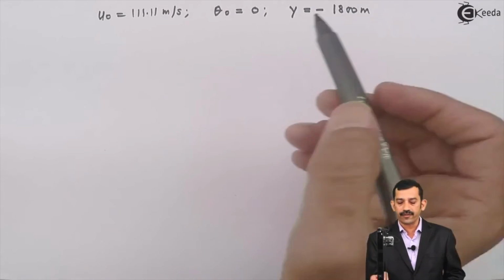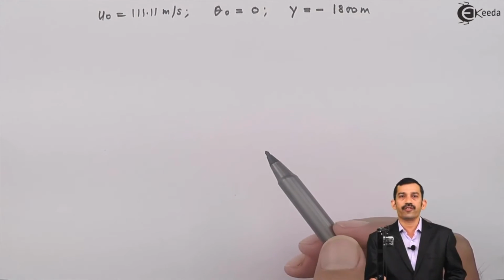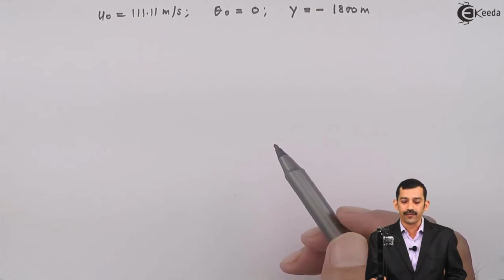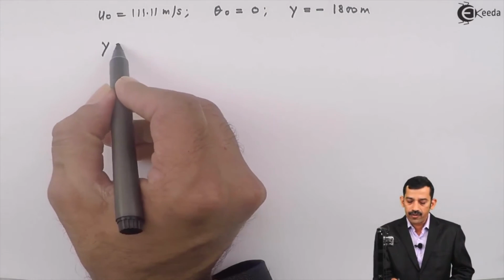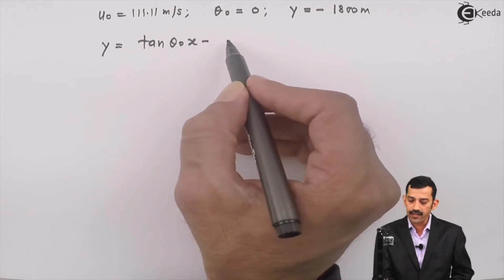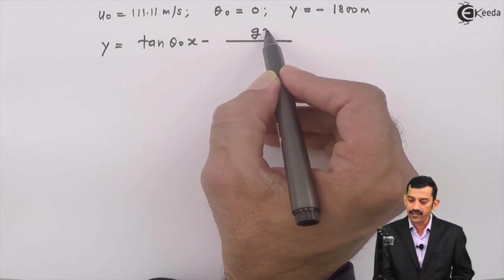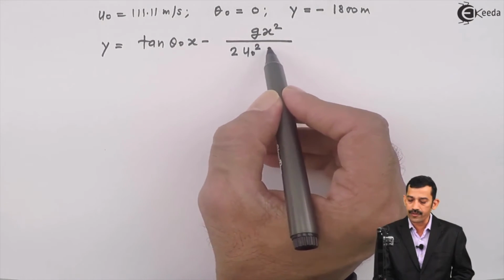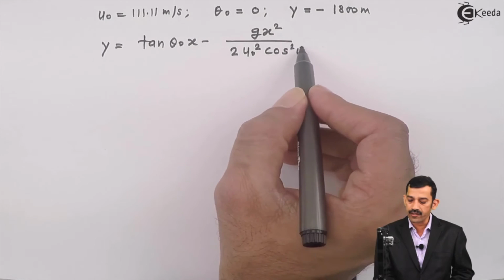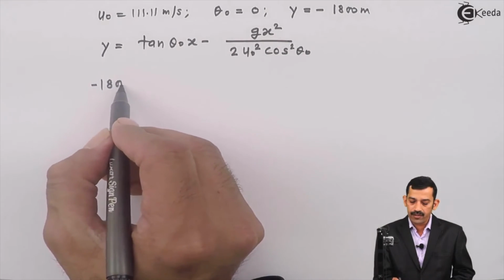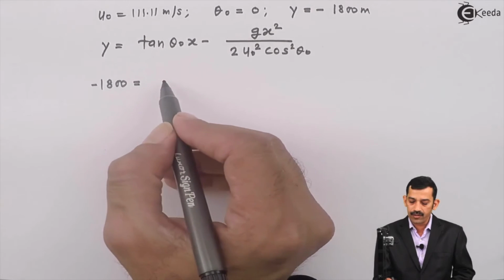To find X, we will use the equation of path, which is in terms of X, Y, u0 and theta 0: Y equals tan theta 0 x minus, in the numerator g x square, divided by 2 u0 square cos square theta 0. Y is minus 1800. Theta 0 is 0.